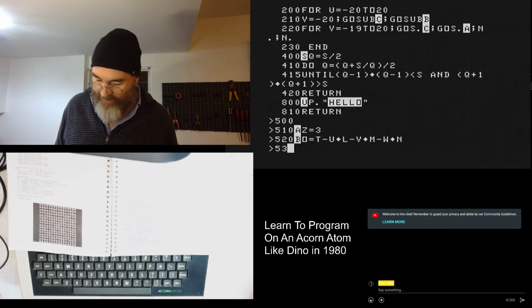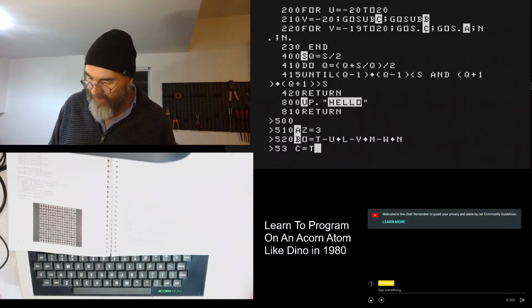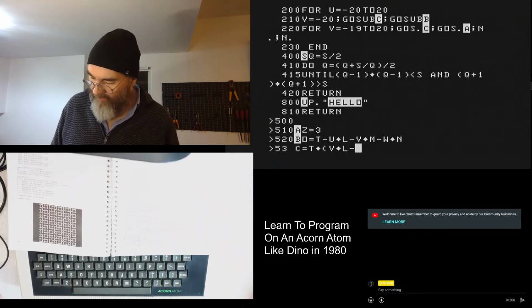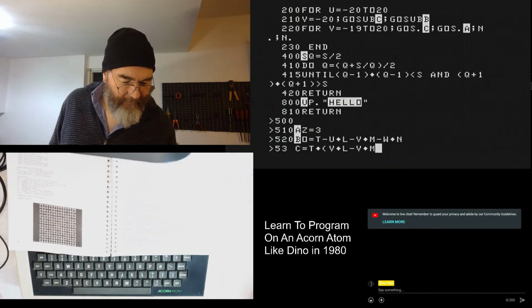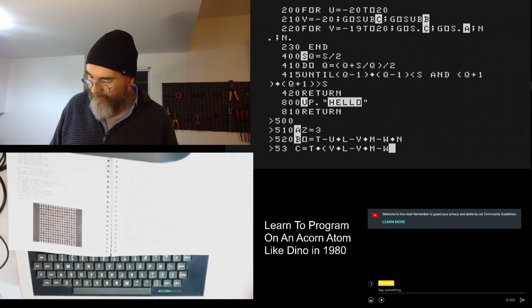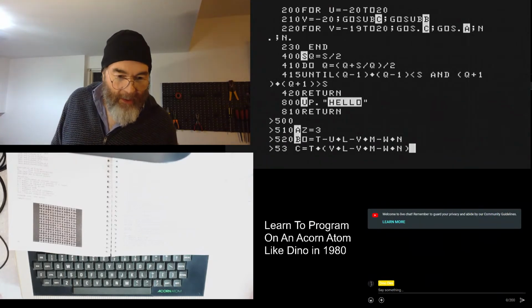We have C equals T times V times L minus V times M minus W times N. Just read that back.